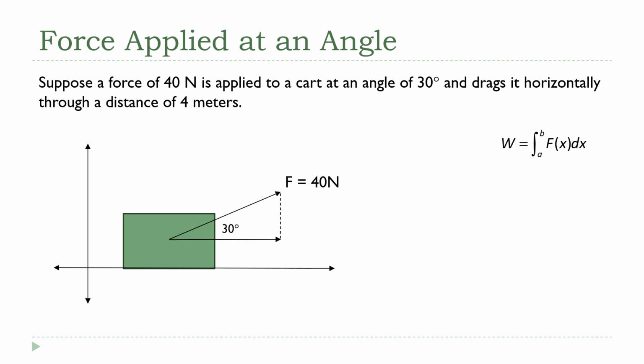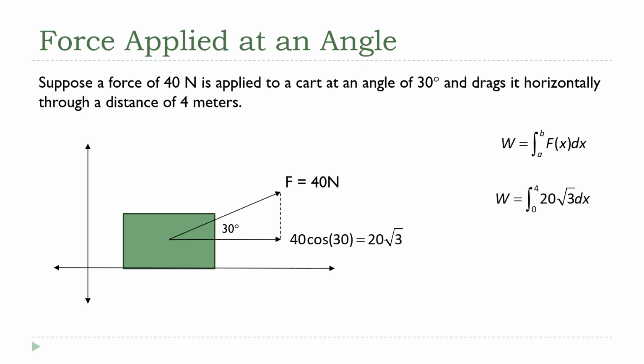The horizontal component here is the part that's acting in the direction of the motion. We apply just a little right triangle trigonometry. That piece has a magnitude of 40 cosine of 30, which is 20 times the square root of 3. That's the force that we'll substitute into the work formula.